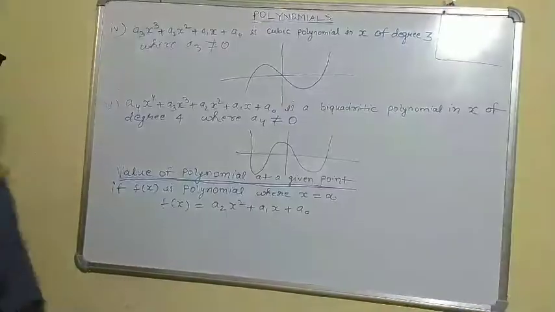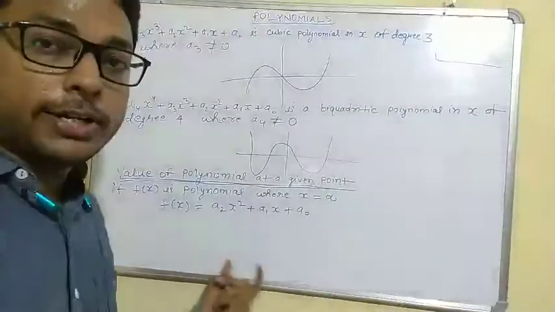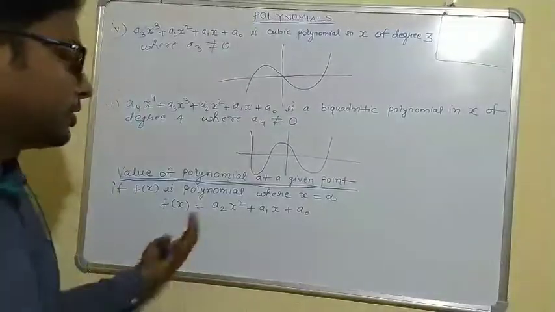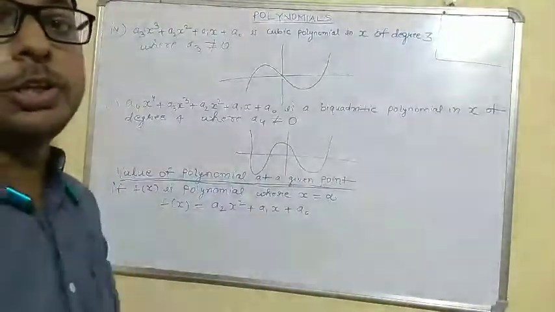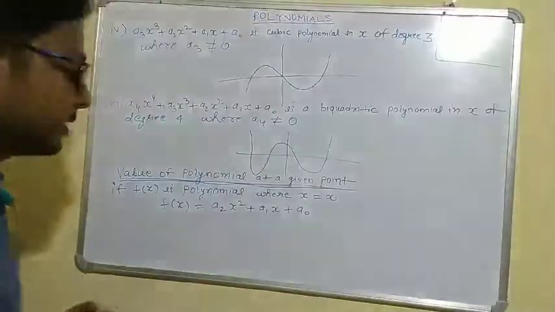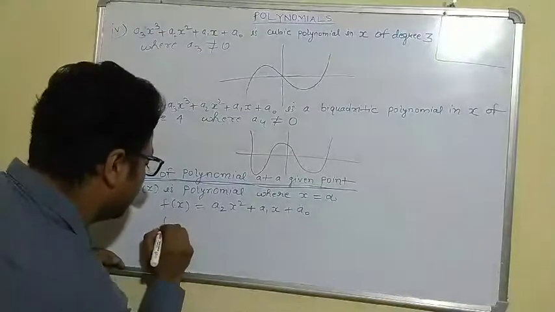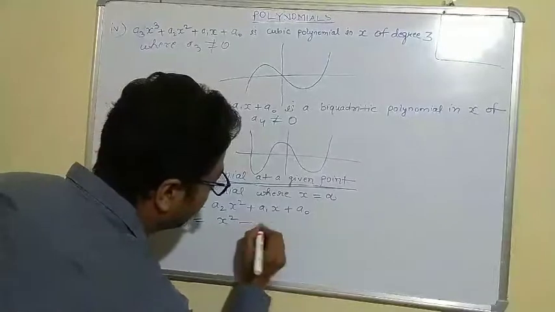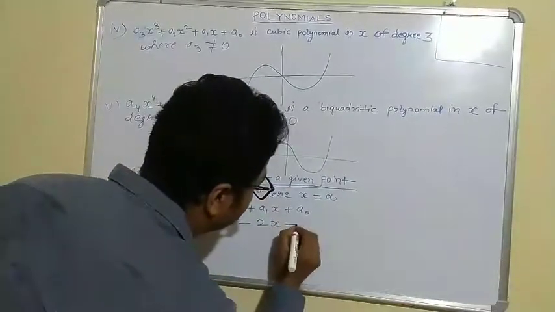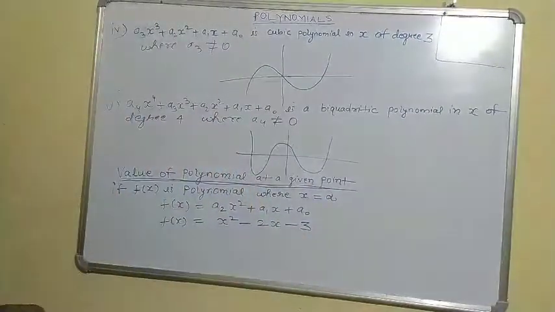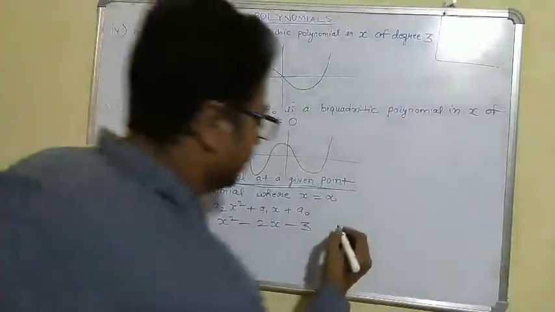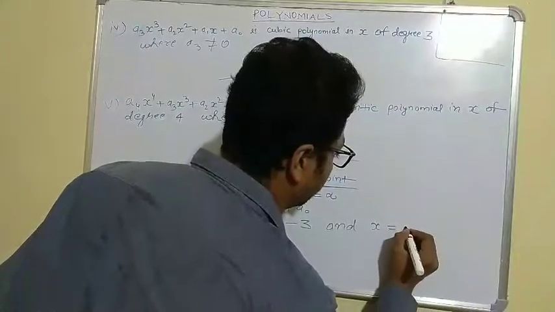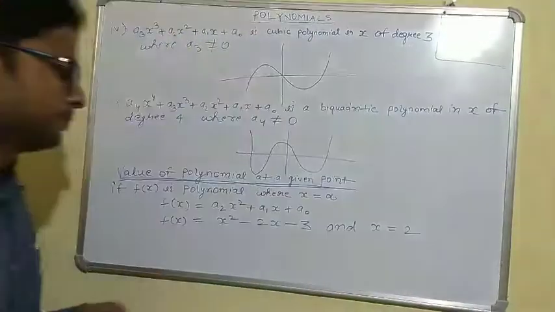I take an example of a quadratic polynomial to help you understand the value of a polynomial at a given point. Let us take f(x) equal to x square minus 2x minus 3 and x equal to 2.